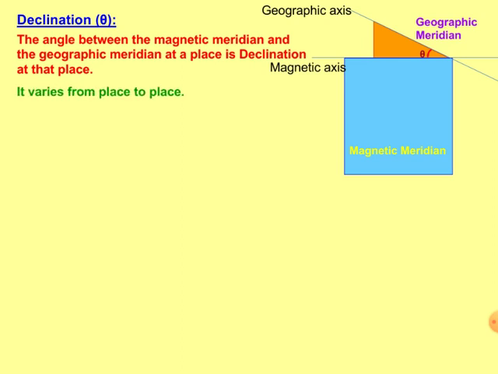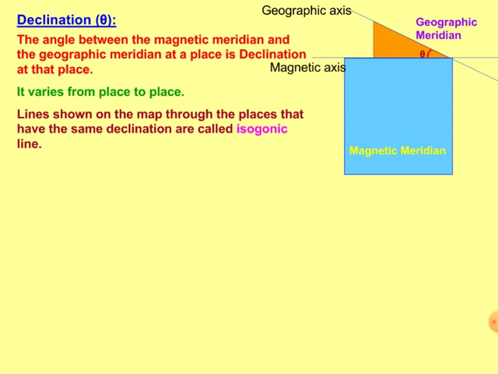On the map, if you join all the points having the same declination, those lines are known as isogonic lines. What are isogonic lines? Isogonic lines are the lines on the map which join all those places having the same value of declination. Got it?